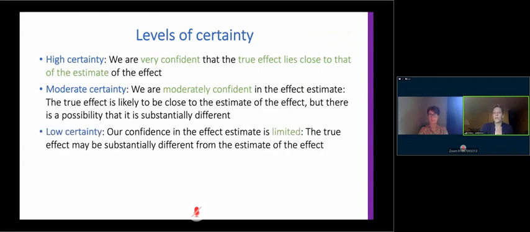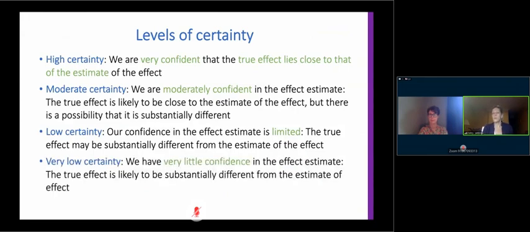Low certainty, we have limited confidence in our results. And very low certainty, we have very little confidence in the results that we found from our systematic review for that outcome actually reflecting the true effect. So that's a really brief description of why it's important to look at the certainty of evidence and why it is important that we also communicate the certainty of the evidence.